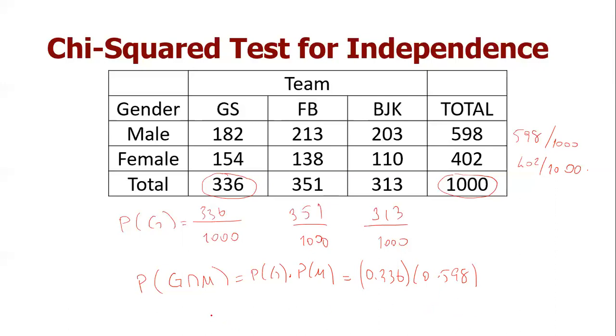Then what is the expected frequency of G and M? That's equal to 0.336 times 0.598, which is the probability, times the 1,000 people I have here. That just gives you the expected frequency of these guys: a male and a Galatasaray fan.